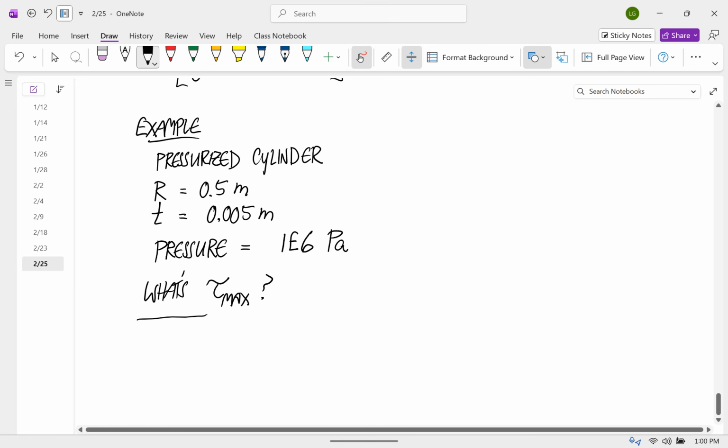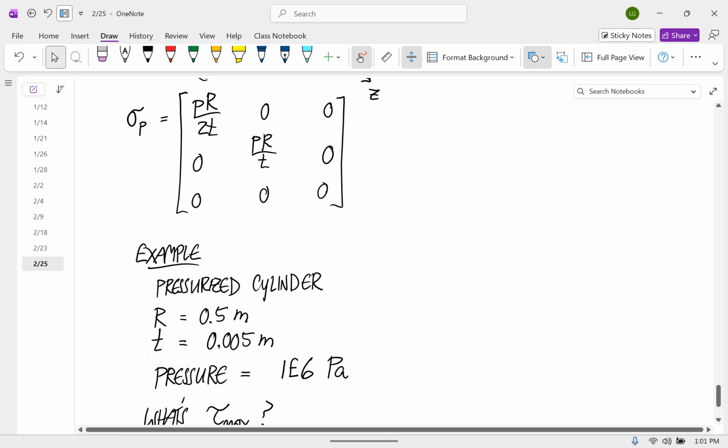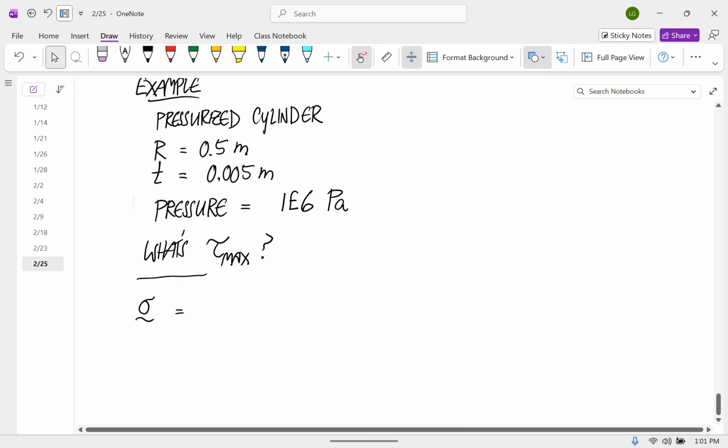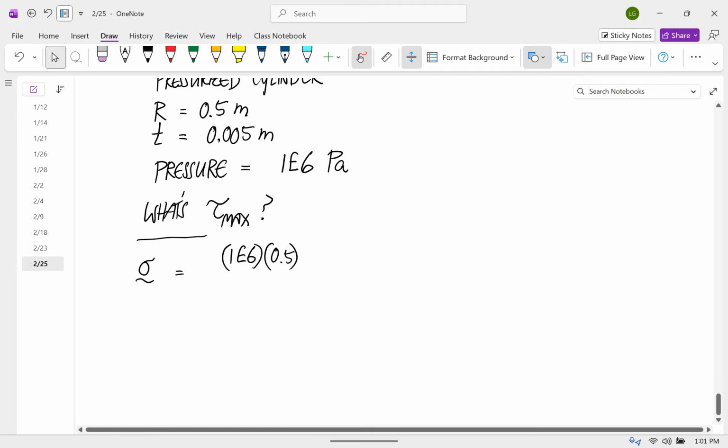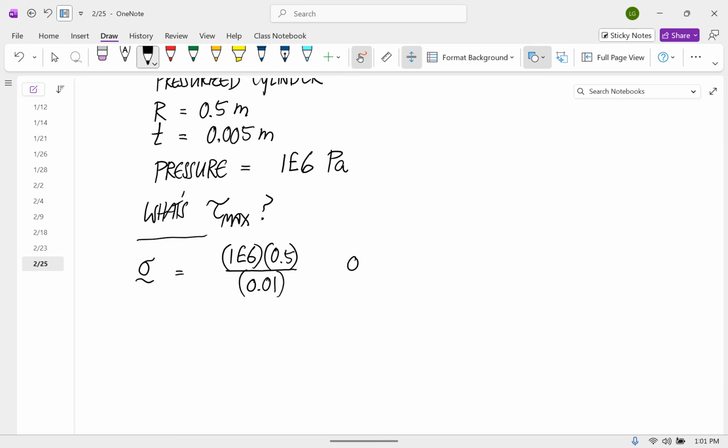And our stress tensor is pressure times the radius, so 1 times 10 to the 6 times 0.5 divided by 0.01. And then this one is 1 times 10 to the 6 times 0.5 divided by 0.005.